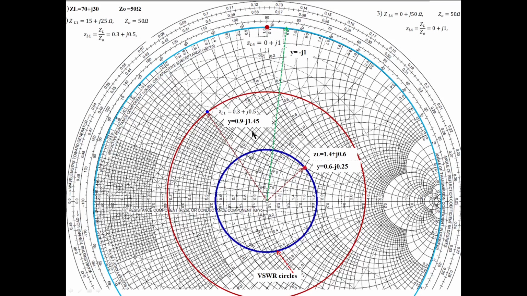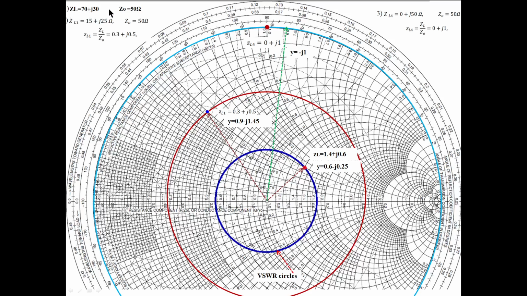You have to mark the load first, and after marking the load, we have to draw the circle. For example, this is a load here, 70. In the earlier class we discussed this same problem. This load is given, we have to normalize it and mark it over the Smith chart. Normalizing gives 1.4 plus j0.6, for this example load I have taken.